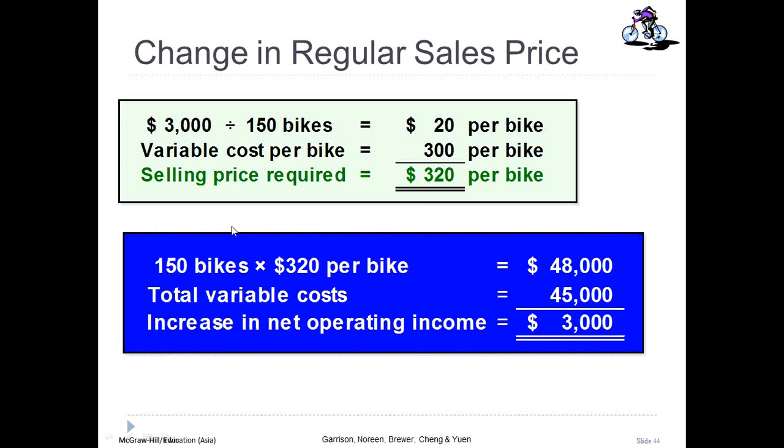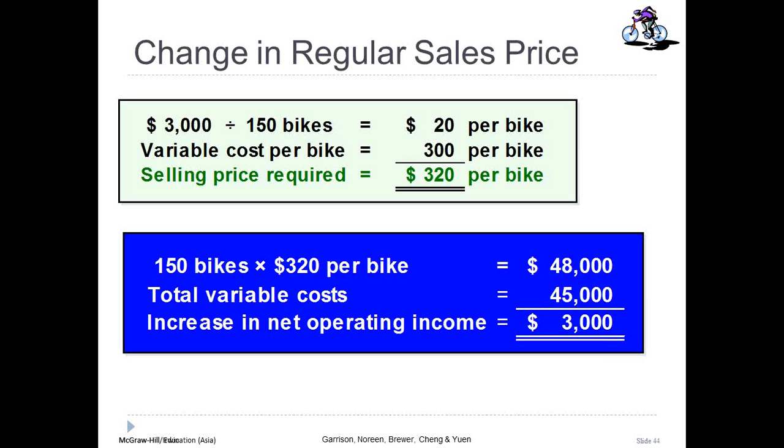Okay. We could do a special order, or we could do a special distribution channel to a new wholesaler in a different area of the market, a different area of the country, as long as it did not disrupt our current sales operations. It did not disrupt our fixed expenses. We sold it at $320 per bike.